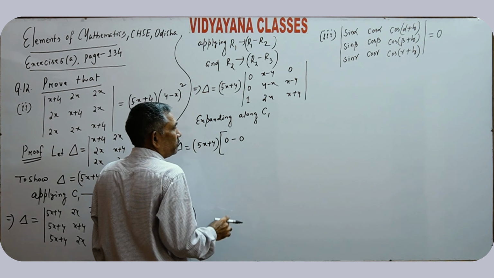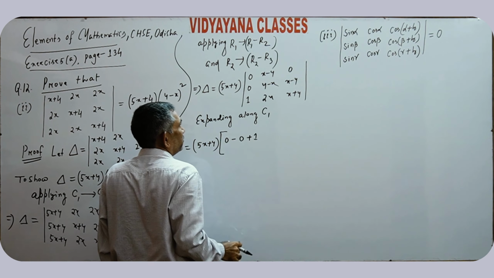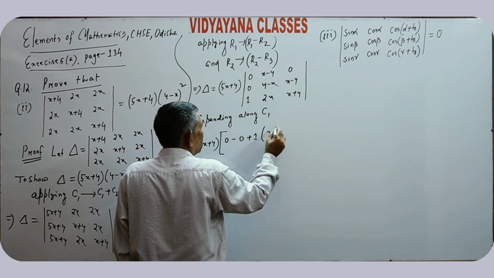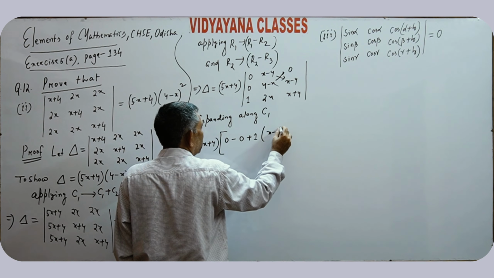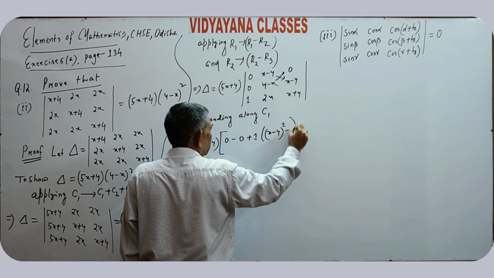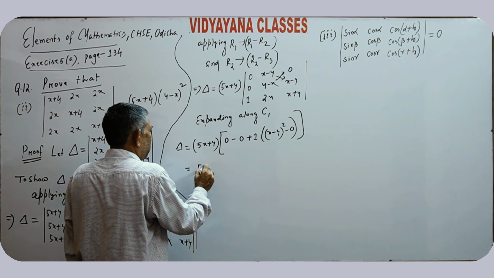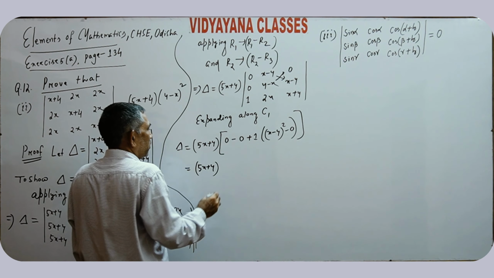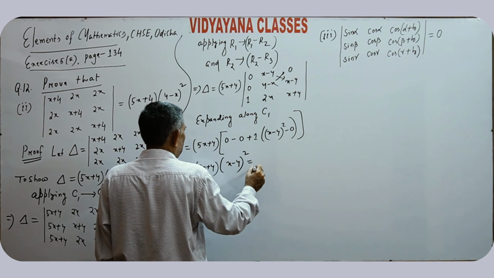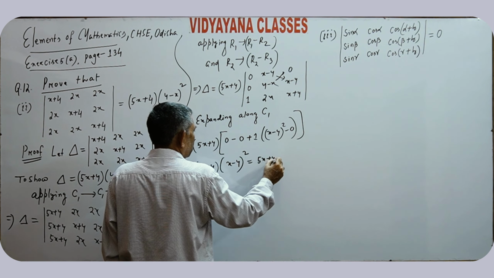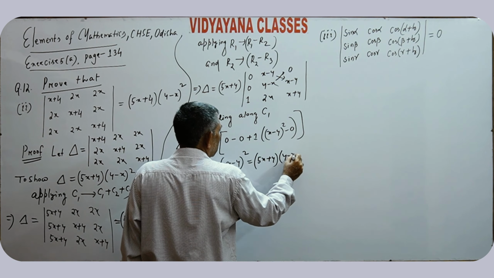The sign of 1 is positive, it is 1. Deleting this row and this column, it gives this into this minus this into this, that means x minus 4 whole square minus 0, which is equal to 5x plus 4 into x minus 4 whole square, which is same as 5x plus 4 into 4 minus x whole square.